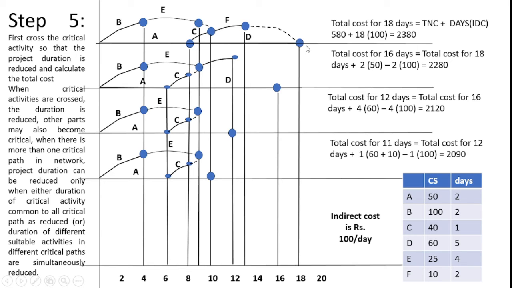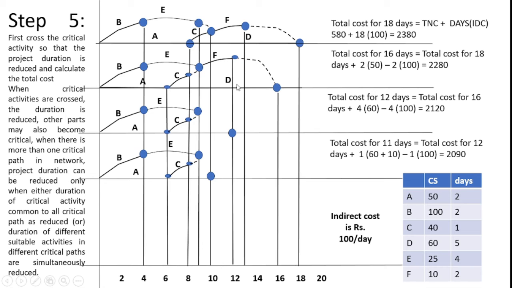In this I can reduce only A by 2 days, so that for 18 days, A plus D is equal to 16 days I got. So total cost for 16 days is equal to total cost for 18 days plus 2 into 50. How can I get the 2 into 50?